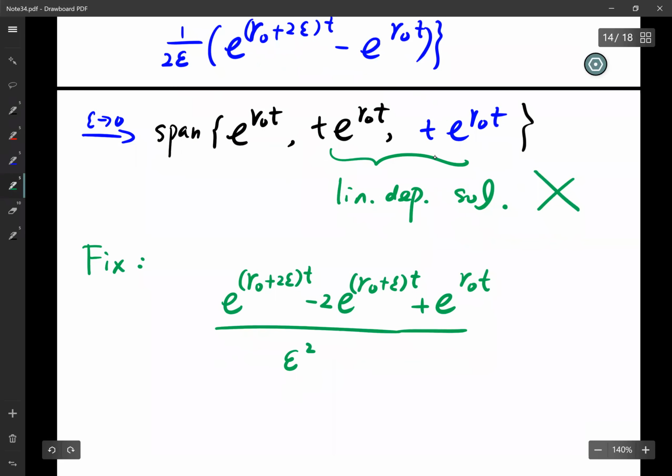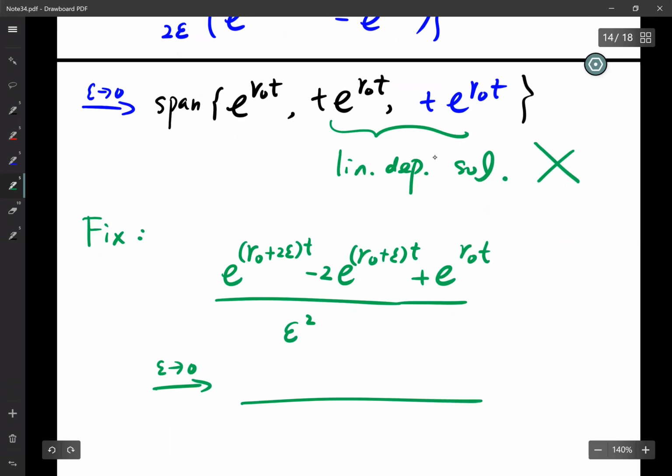Now I do a Taylor expansion when epsilon goes to 0. First of all, I can expand this.